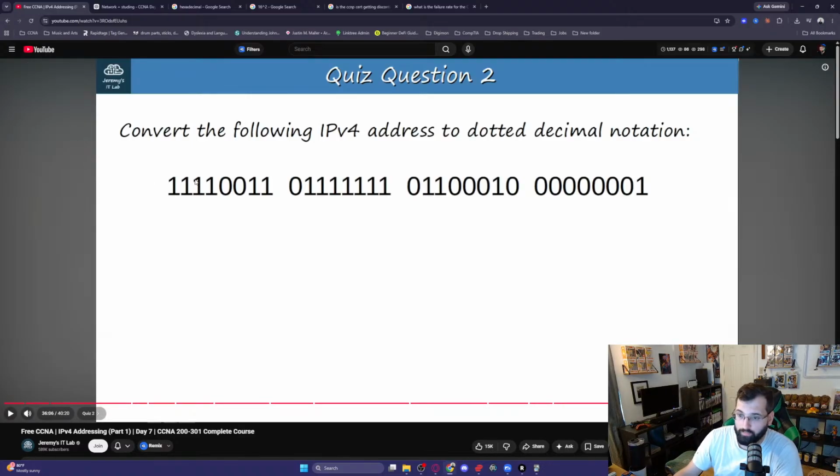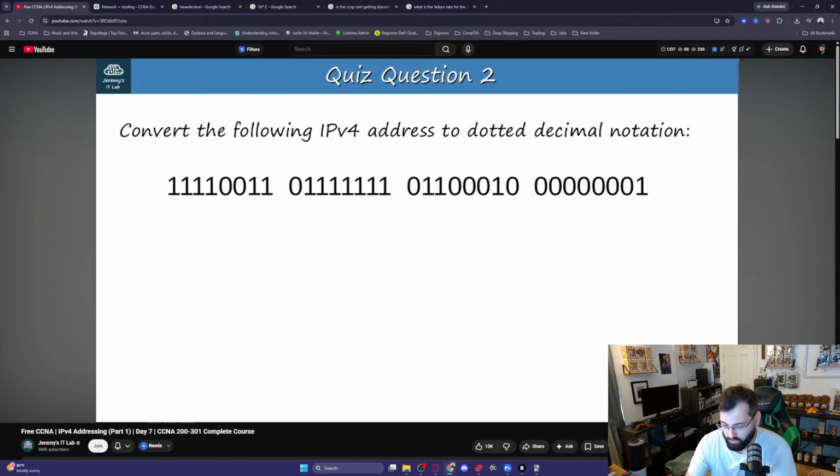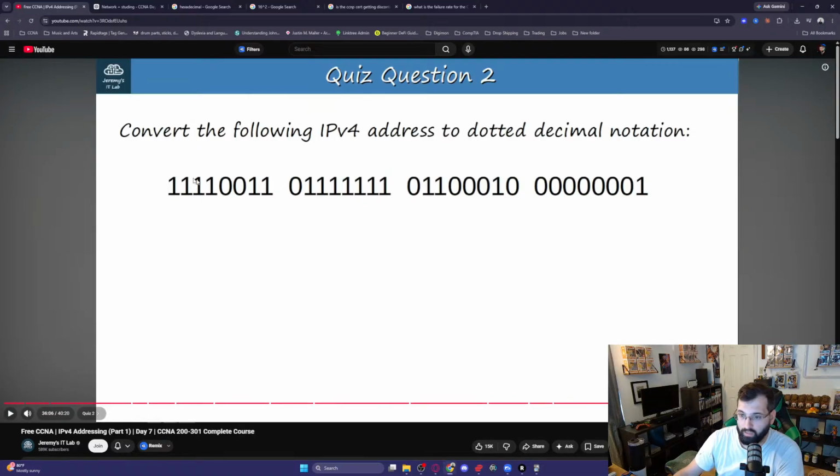We're doing the first one right here. 128 plus 64 plus 32 plus 16 plus 0 because there is no 8 plus 0 because there is no 4. And then plus 2 plus 1 equals 243.